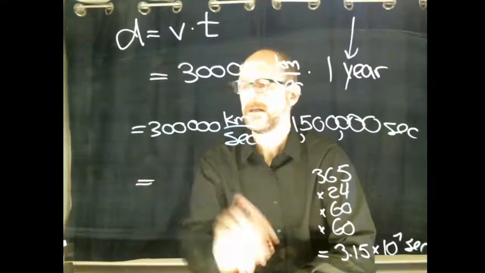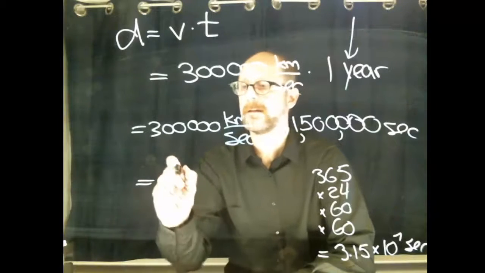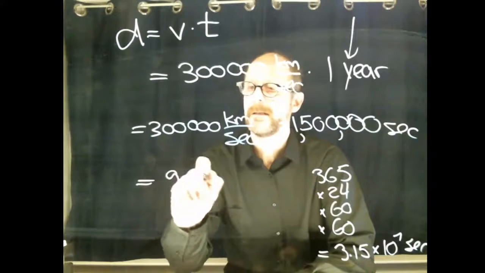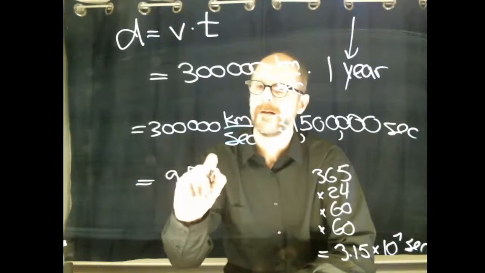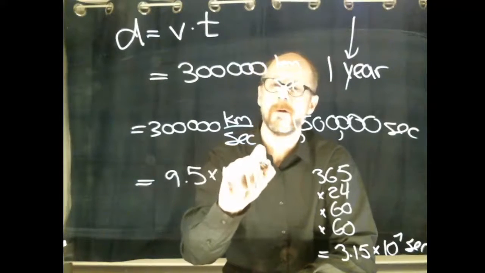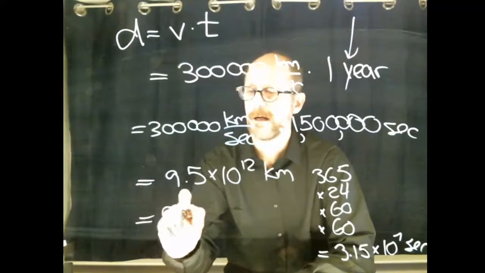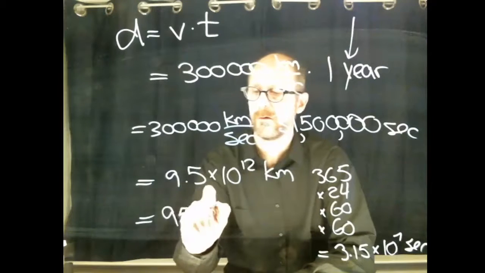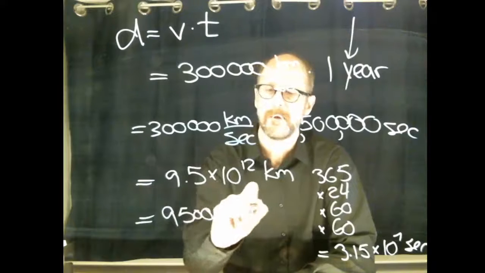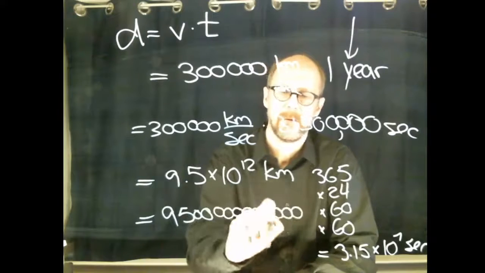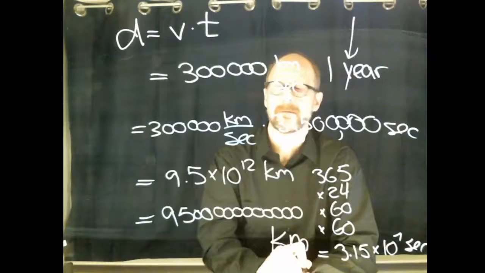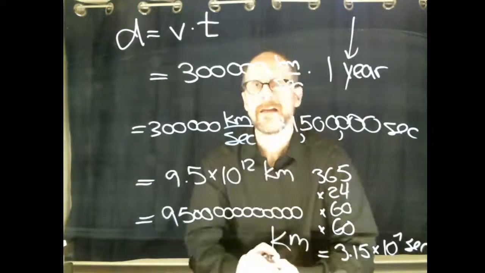And if you reach for your calculator and punch that in, you're going to get 9.5 times 10 to the 12 kilometers, or again, written out, 9,500,000,000,000 kilometers. And so that is a light year.